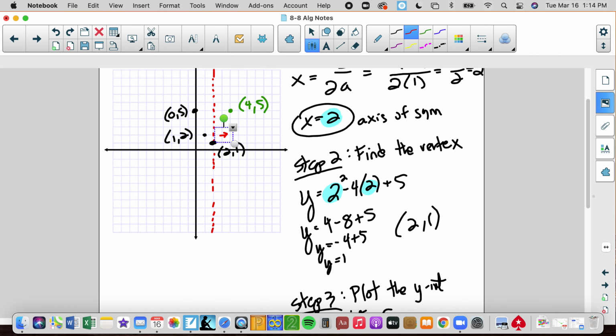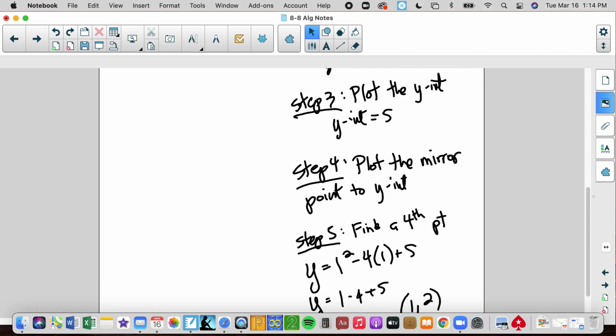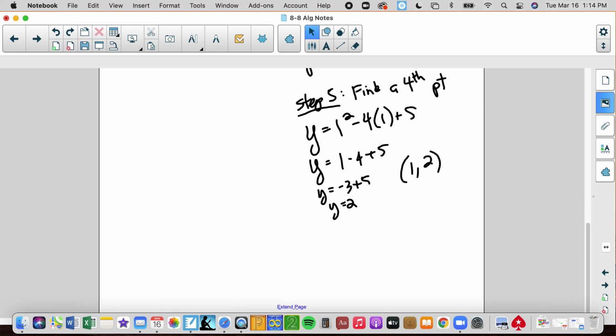So we know on its mirror side, it's still going to be 1 away. So that point would be right here. That would be the other point. What is that coordinate? (3, 2). We're going to label it. And so we found our 4th point's mirror.